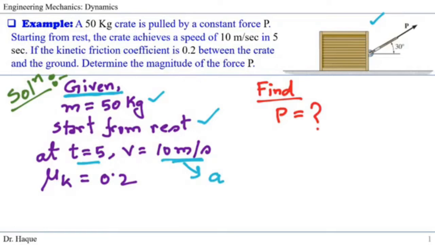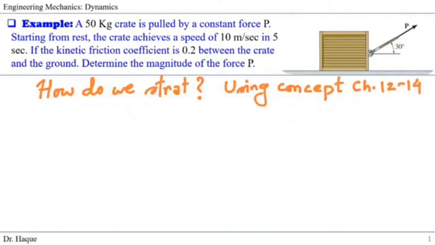We also have kinetic friction, suggesting we have to use the kinetic friction force at some point in our problem. What are we looking for? We have to find the force that needs to be applied for this scenario.